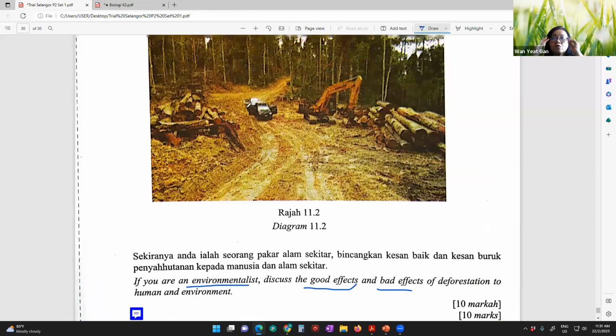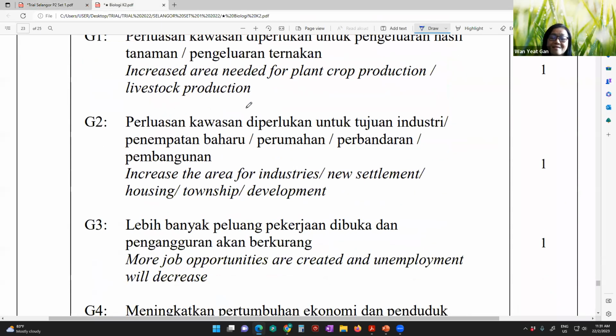Now, first of all, when they open up land from a forest, they always have an intention for some kind of activities. So the good thing is that this area that has been opened up can be used for crop production, crop plantation, or rearing of livestock. So therefore it's good, right?